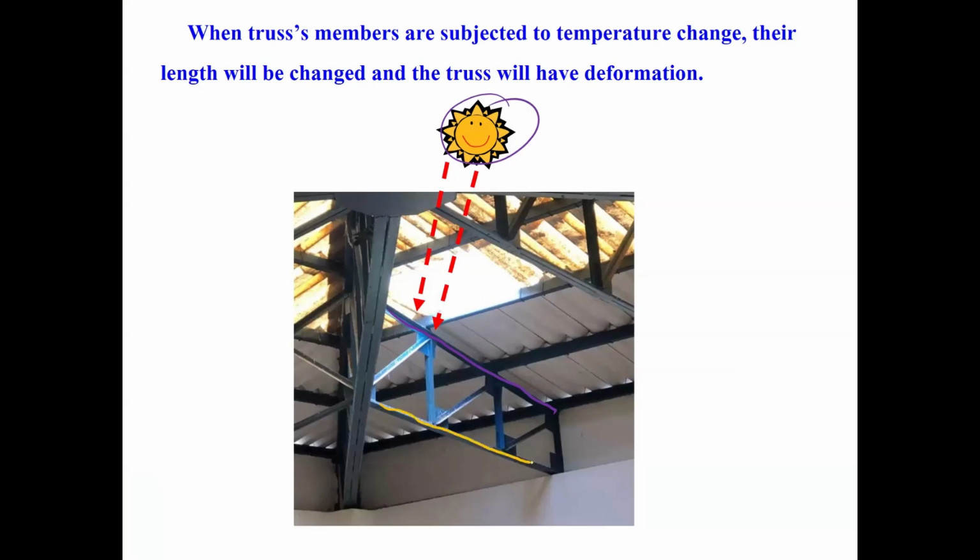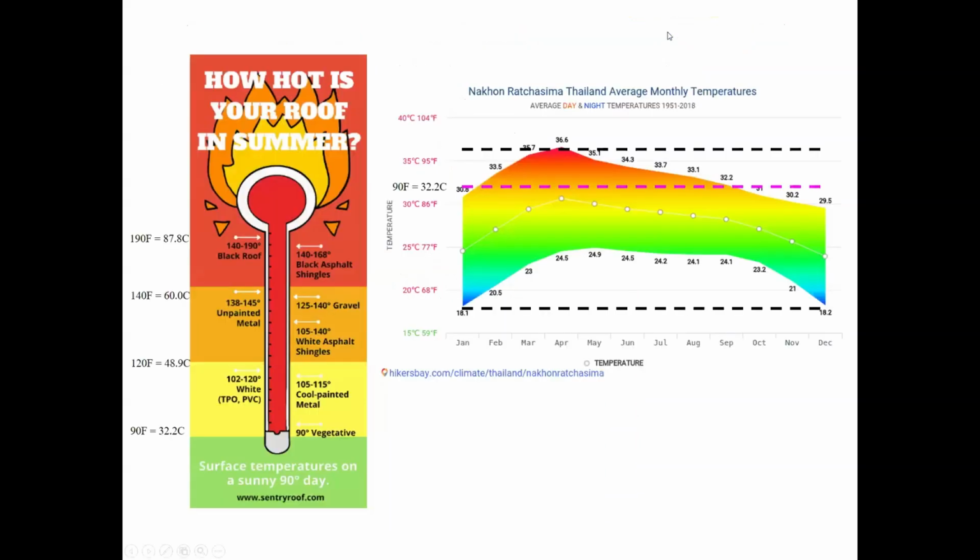The purple one is going to be hotter. When the temperature changes, the truss members also change in length. Increasing temperature makes them longer, colder makes them shorter, by that concept.